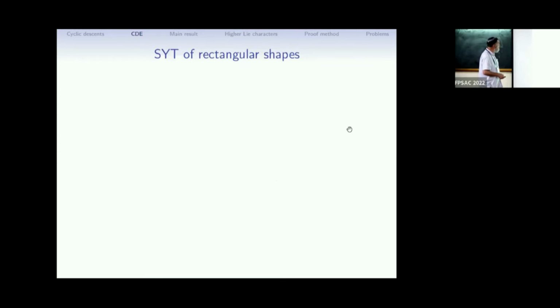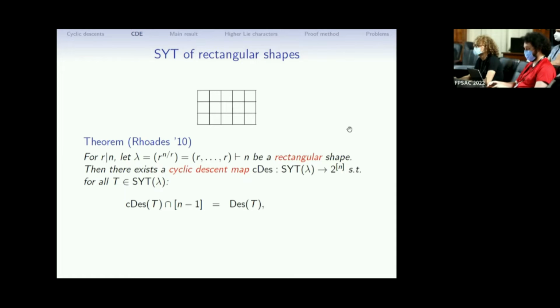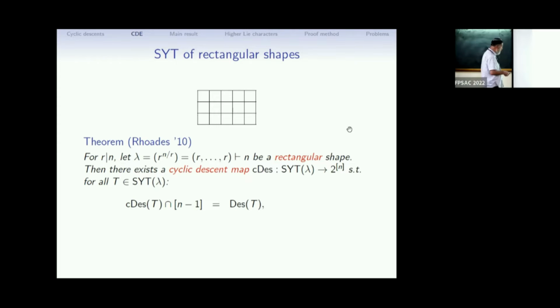Okay, so there was work about this by Brandon Rhoades, pioneering work like 12 years ago. Rhoades proved that there exists a cyclic descent map on standard Young tableaux of any rectangular shape, such that if we delete n, we recover the descent set.